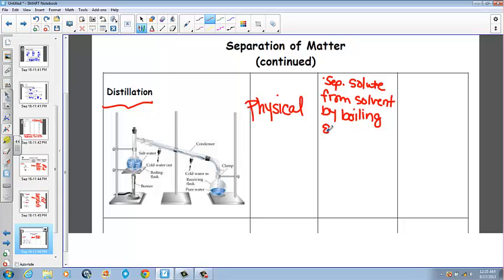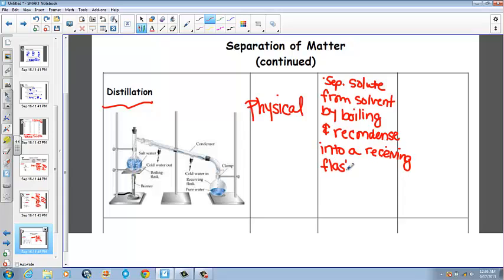But what happens here is we recondense the boiled solution into a receiving flask to receive the recondensed material.